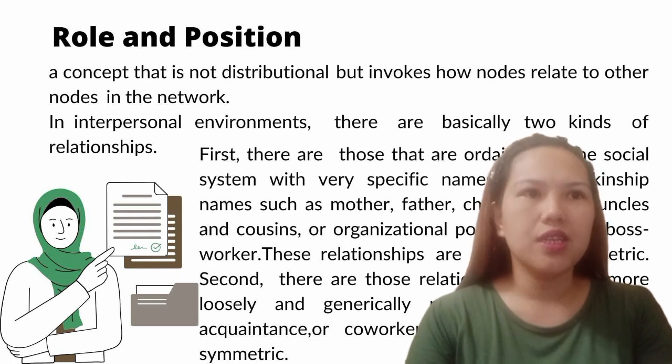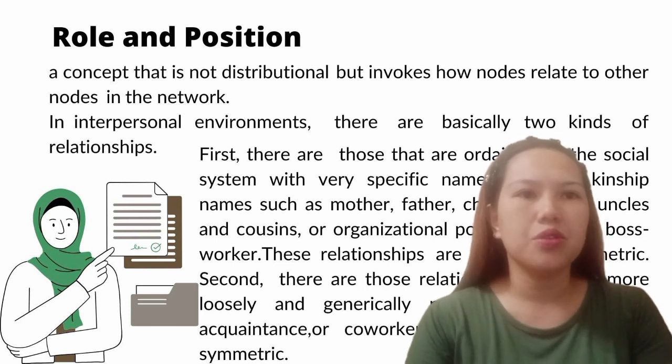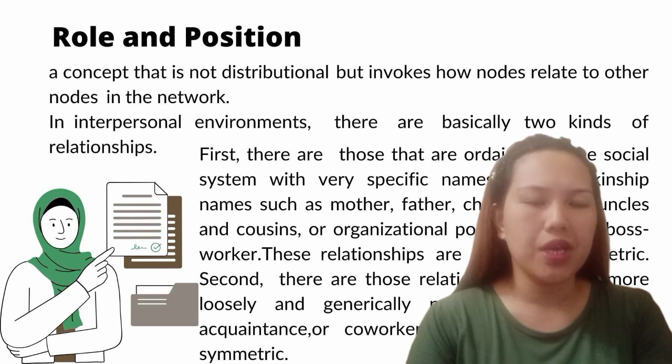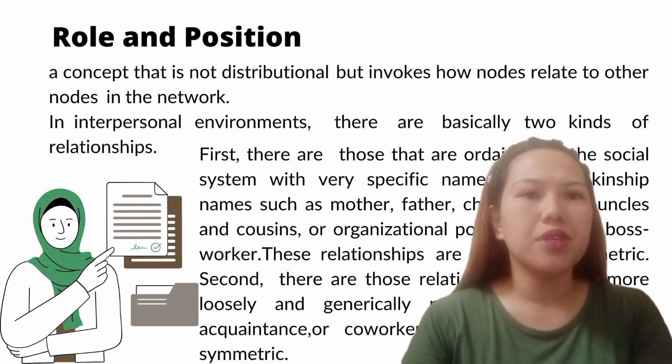So first, ito yung very specific names na typically kinship tulad ng mother, father, children, aunts, uncles, and cousin. Yung relationship na to are typically asymmetric or hindi sila magkasintulad. The next, second, is relationship that are more generically named.